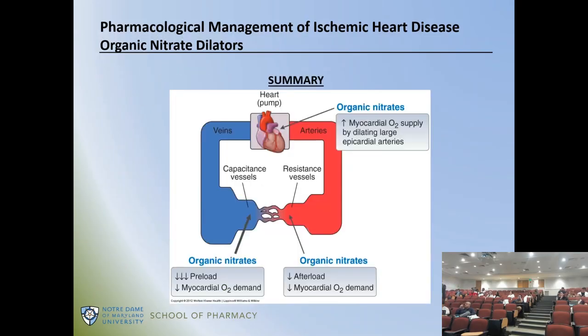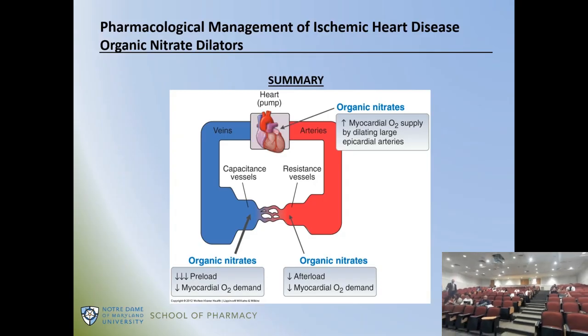All right, so back to the nitrates. This particular figure says everything that the last one did, it's just a colorful picture. For those of you who like pictures, if this makes more sense to you, and I love it, that's why I still include it, okay? Organic nitrates, really good at reducing preload. Look how big these veins are down here, right? They're dilated. Venous return is low, preload is low, okay?